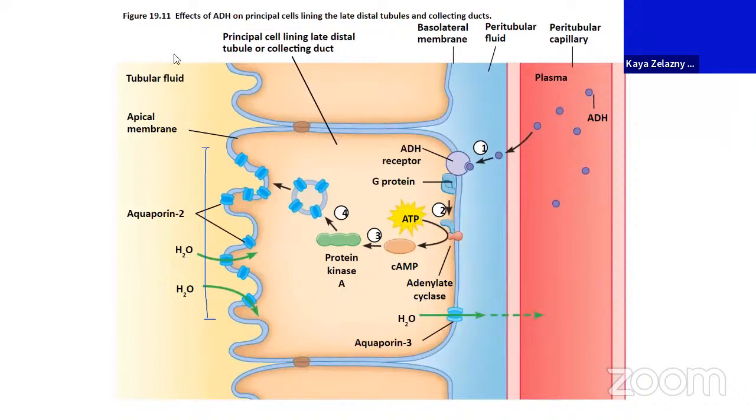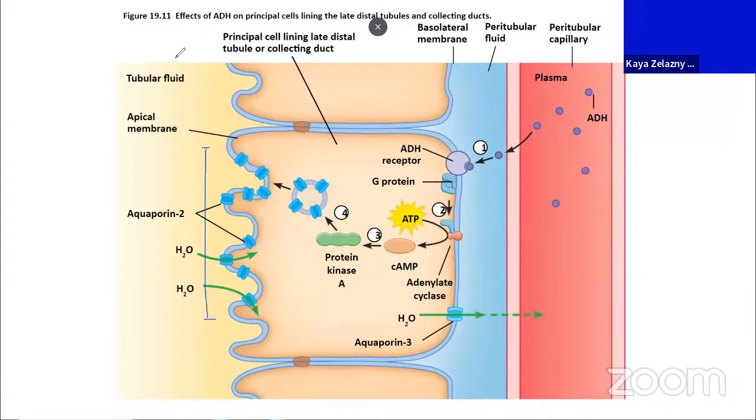So if we look at the cell level, the cellular reason for this difference, we're looking here at something called a principal cell, but the region we're thinking about more generally is the late distal tubule or the collecting duct. So similar processes happen in both, right?